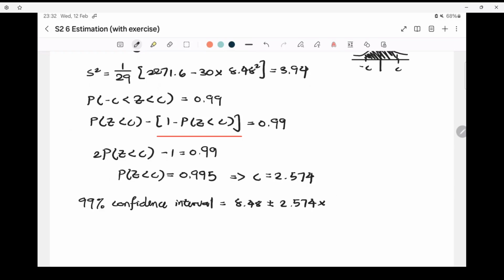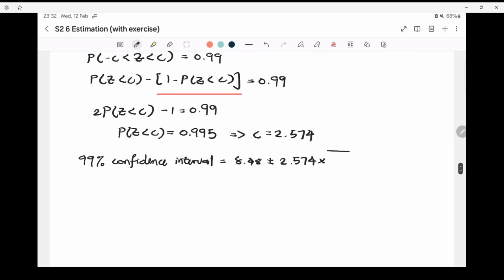That's why you need to use the unbiased estimate of population variance.